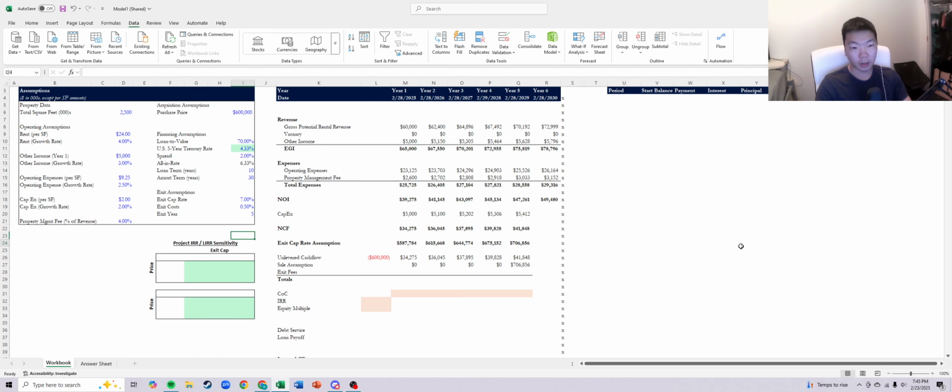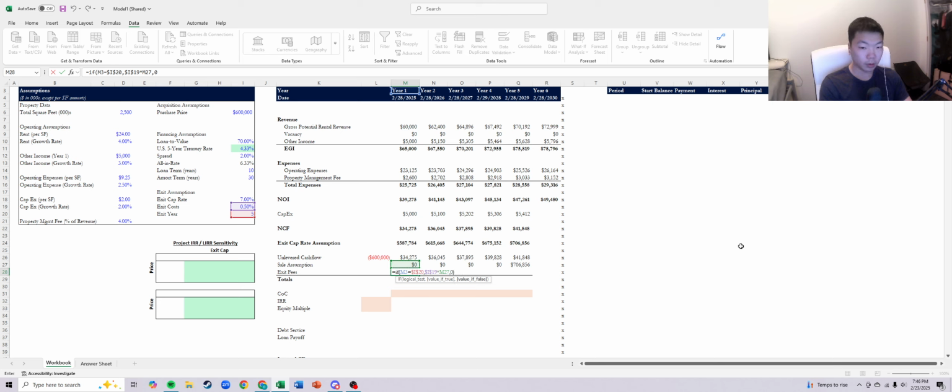It's dynamic. Okay. Exit fees, I'll do the same thing. So now, exit fees would only be incurred if we are selling the property. So I'll do that same thing. If my current year equals my exit year, then the math would be our exit costs multiplied by our sale price.